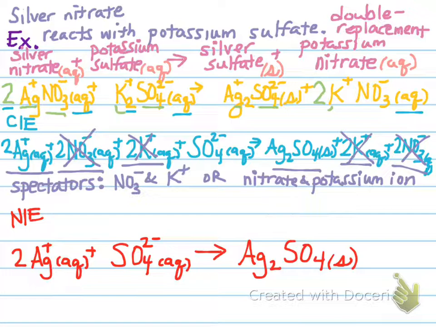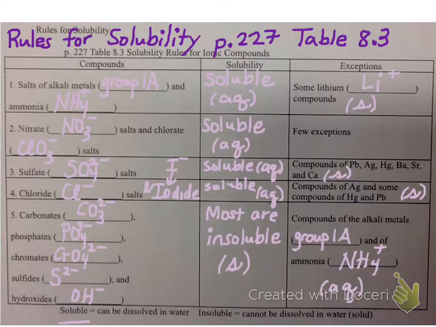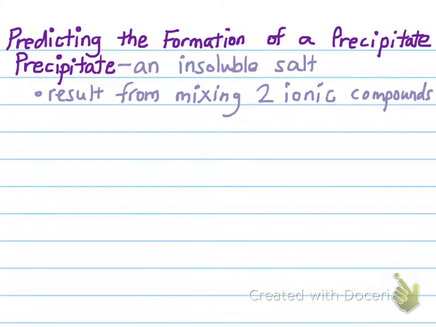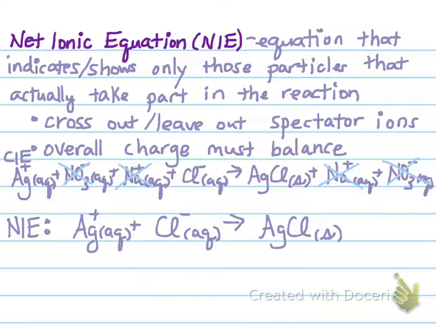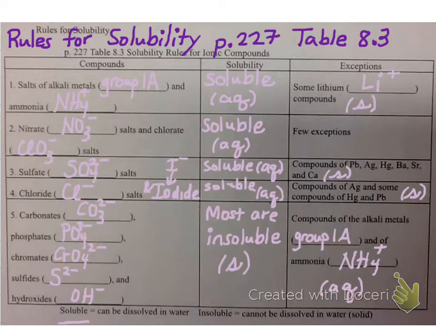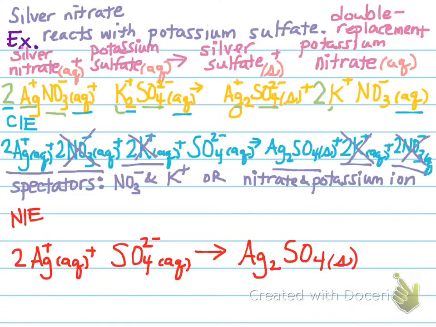And remember, we figured out what the precipitate was using our solubility rules. Now, remember, our check step was that overall the charge must balance. +2, -2 equals 0. And over here, we don't have an overall charge, so it's 0. So our overall charge does indeed balance.